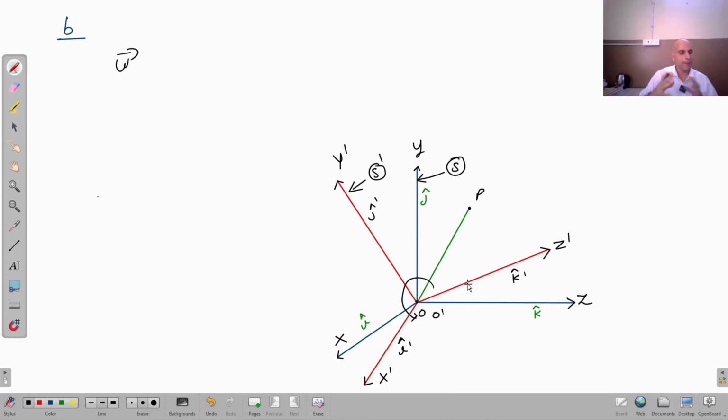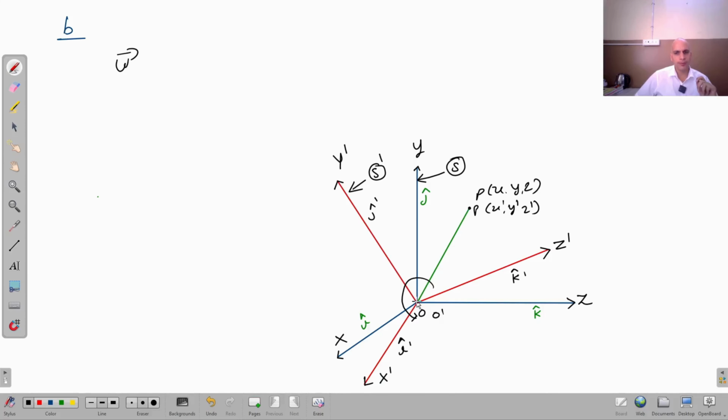Now suppose we have two frames of reference and two observers. One is in inertial frame S and the other is in non-inertial frame S dash. Suppose a body is present in space at point P that has coordinates x, y, z according to the first observer, and coordinates x dash, y dash, and z dash according to the second observer. Two observers are doing the observations.